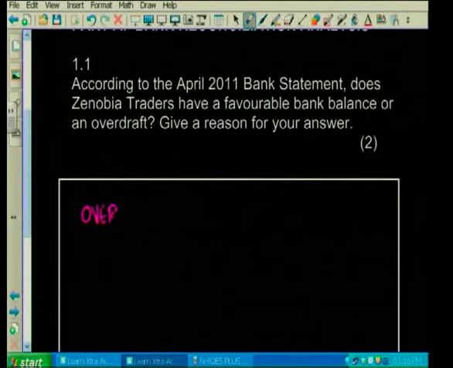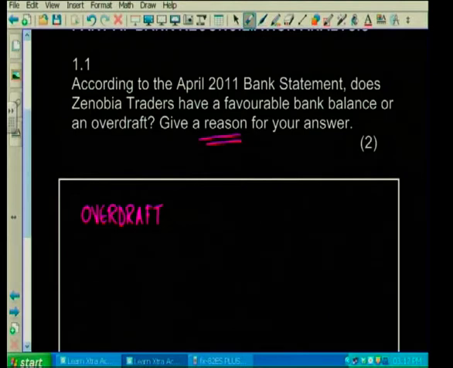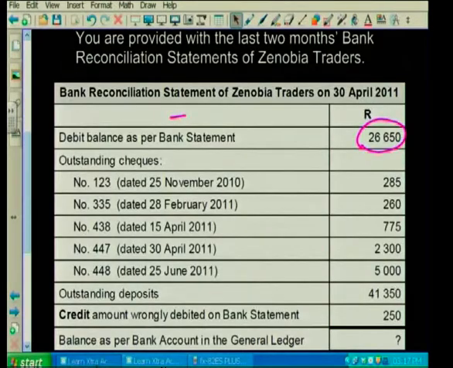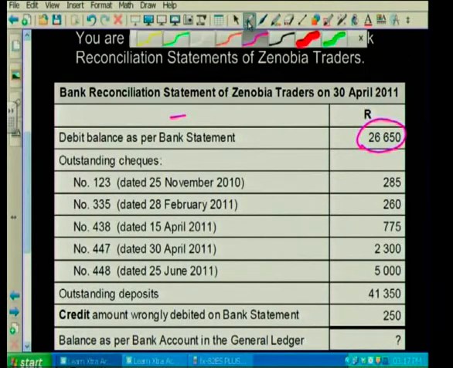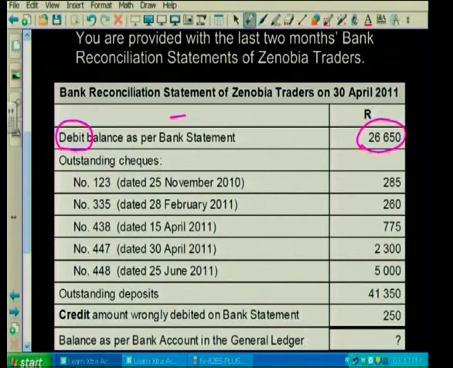Why do we say that? The question says, give a reason for your answer. Let's go back and look at the question. It says here, debit balance as per bank statement. Now, once again, what do we remember? What is the relationship between us and our bank?